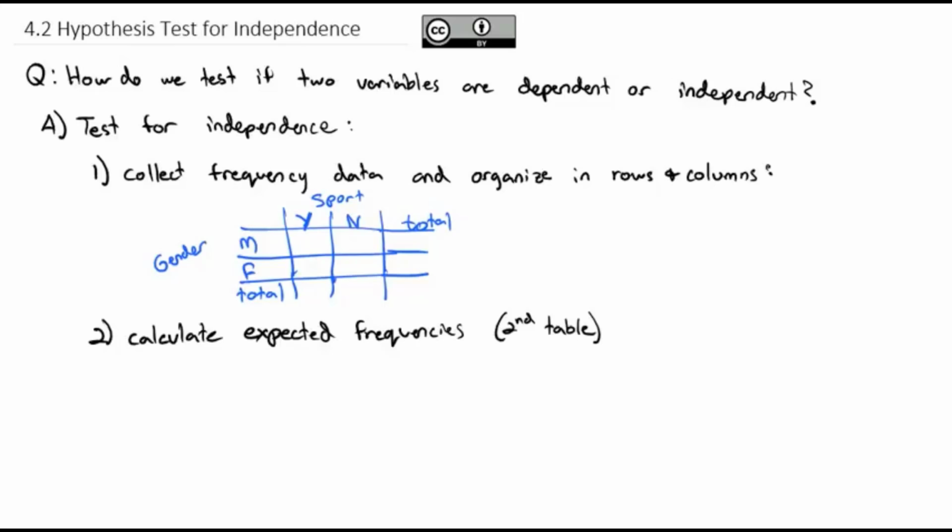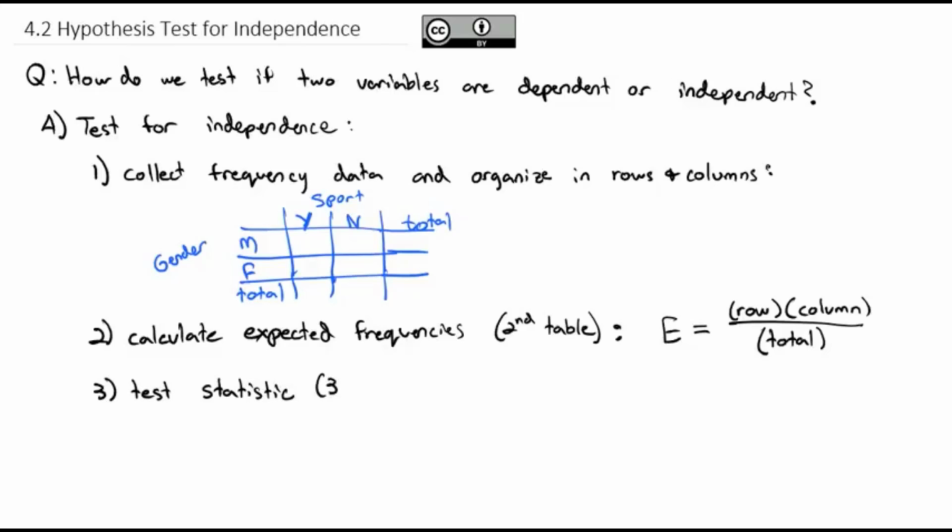The way we calculate the expected frequency is we will take the row total times the column total divided by the total of the entire survey. And we'll have to do that for every single cell. So first row, first column, first row, second column, second row. Find all the entries for their expected frequencies. And then we can calculate the test statistic from here.